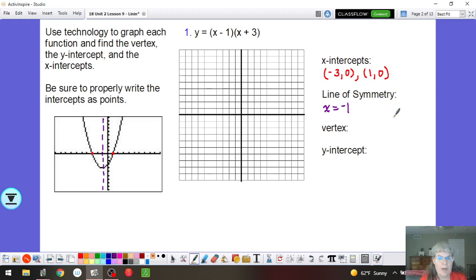To remind you how we can find that mathematically, we would take the values of our x-intercepts, add them together, and divide by 2. So -3 plus 1 is -2, and -2 divided by 2 is -1.